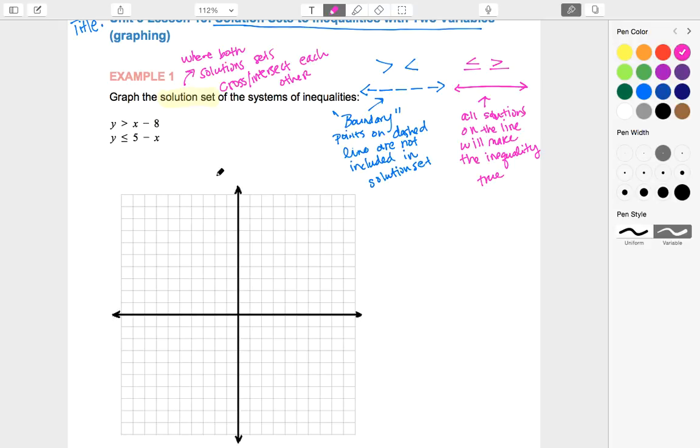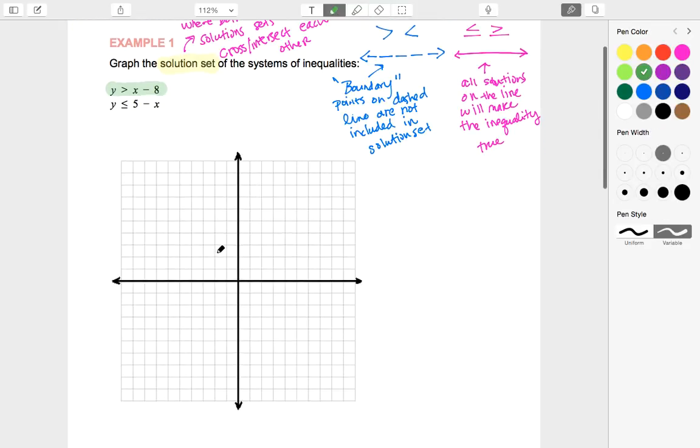All right, let's go ahead and do this. So the first one that we have here, I'm going to do this one in green. We have y is greater than x minus 8. Okay, so for this one, since it's a greater than, I know I'm going to have more of a boundary line, right, with dash marks.